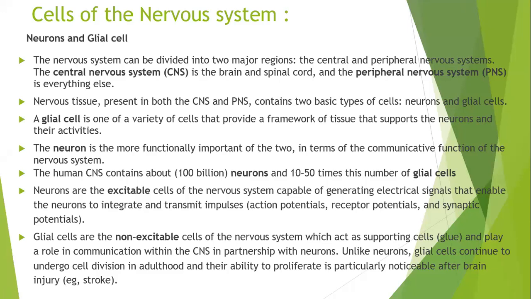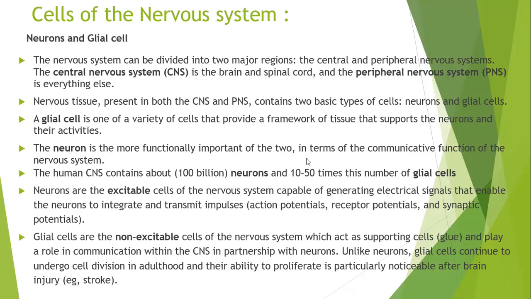Now, if we take the whole of the nervous system, it is generally divided into two portions. The two major regions being the CNS, central nervous system, which is made up of the brain and spinal cord, and the peripheral nervous system. And those are the nerves that originate from the CNS and they go to the peripheral parts of your body.